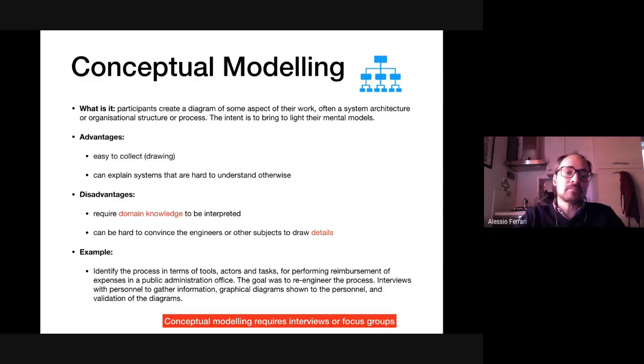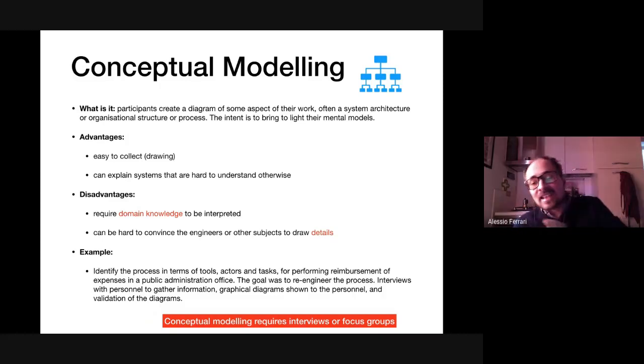For example, in this example in which my colleagues actually were involved, they wanted to understand the process of the public administration office in terms of tools, actors, and tasks, because they wanted to re-engineer the process. They performed some interviews with some people.